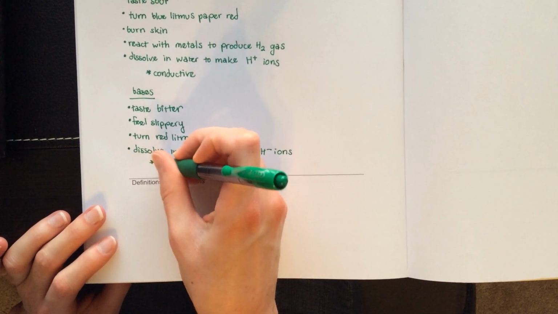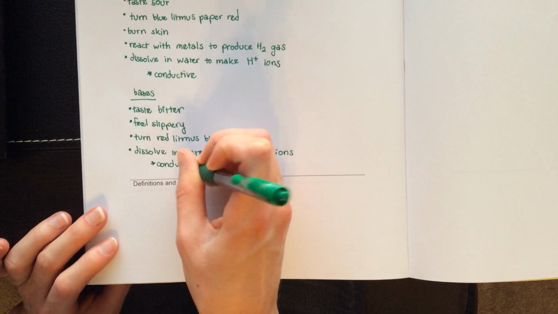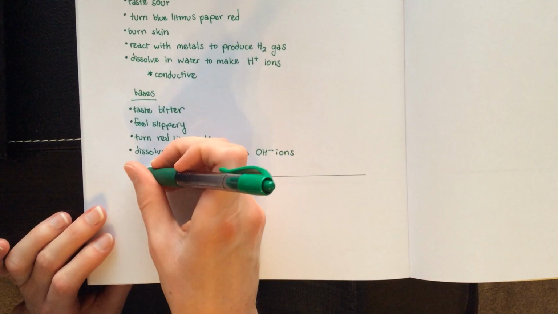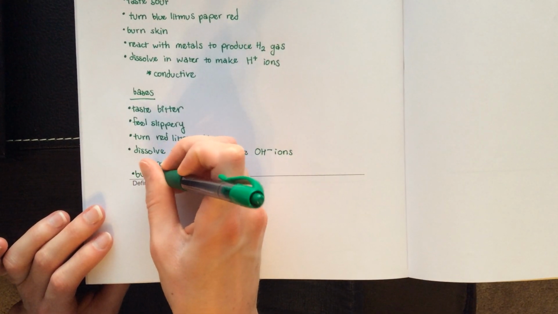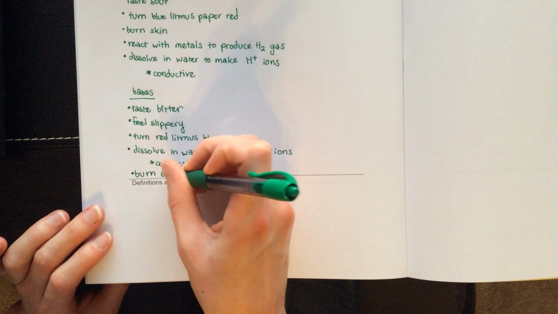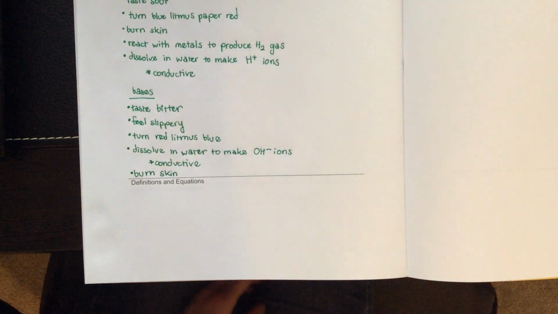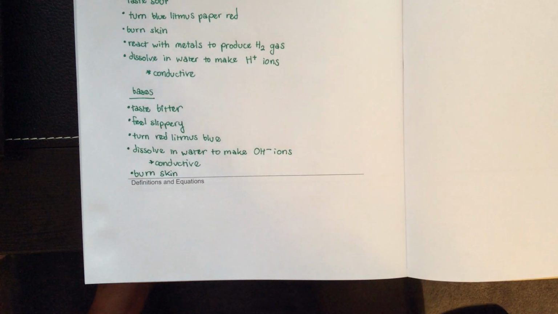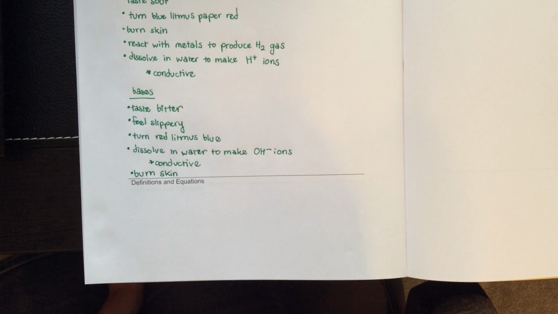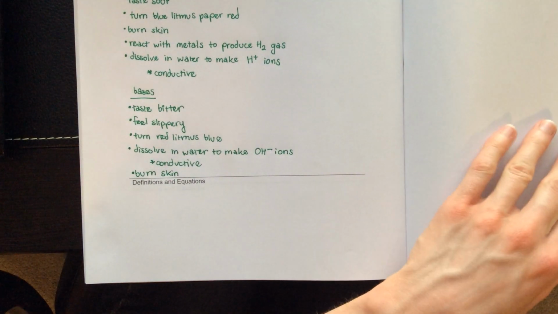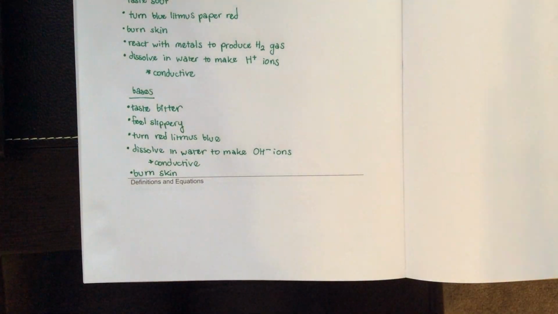So that also makes them conductive. They conduct electricity. And then bases can also burn your skin, depending again on the type and strength of the base. So again, a lot of bases are cleaners, soaps, baking soda is also a base. So there are some bases around your house also.